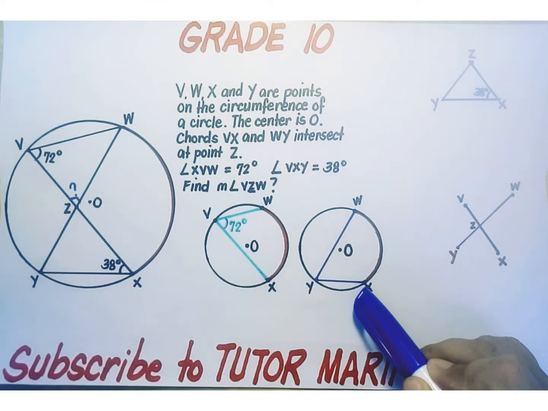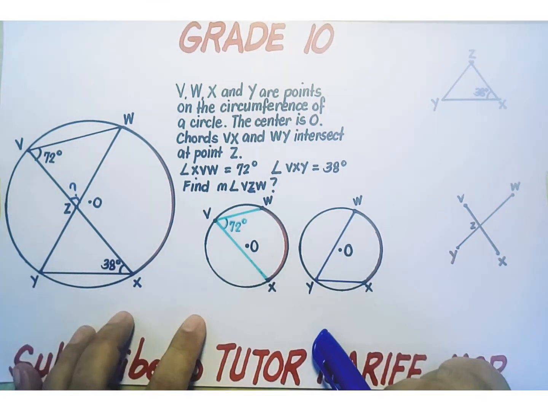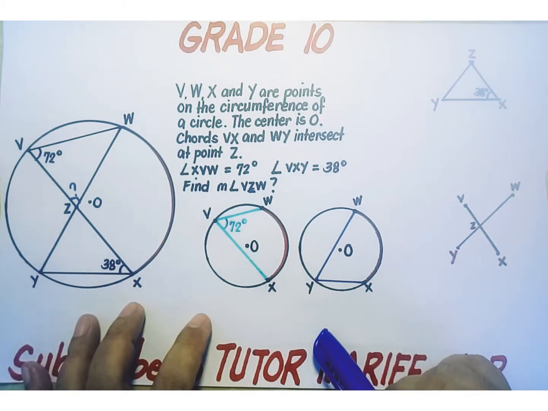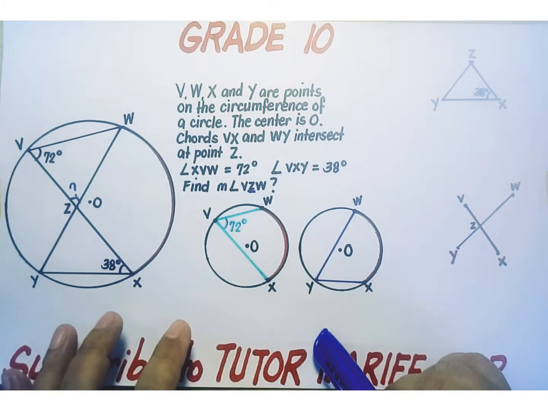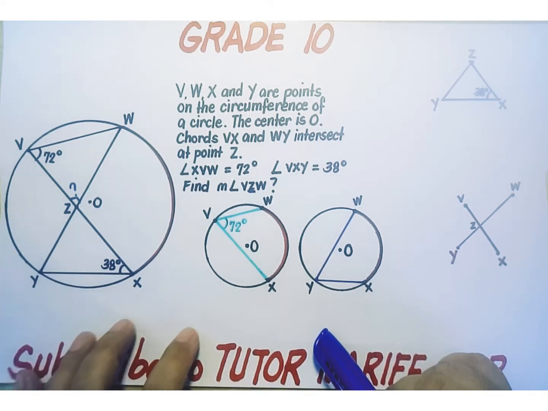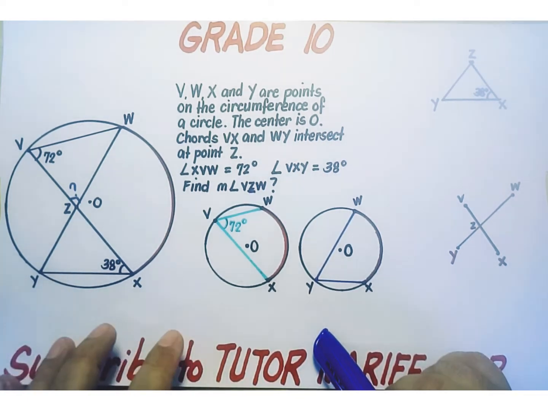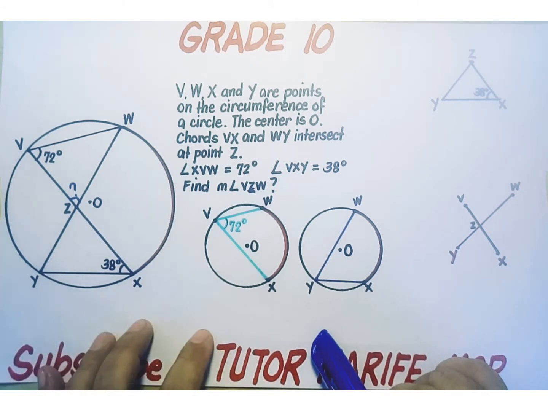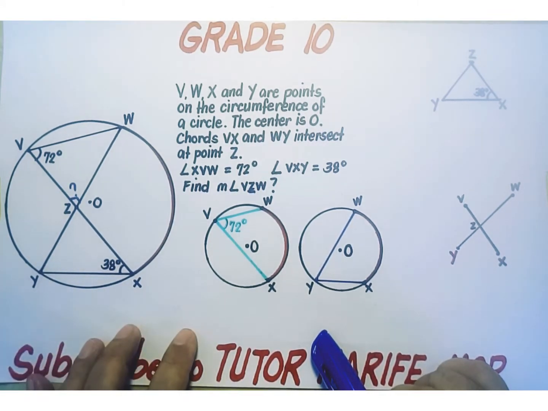Therefore, we can use the circle theorem relating the measures of two inscribed angles with the same intercepted arc. And that circle theorem states that two inscribed angles with the same intercepted arc are equal in measure.